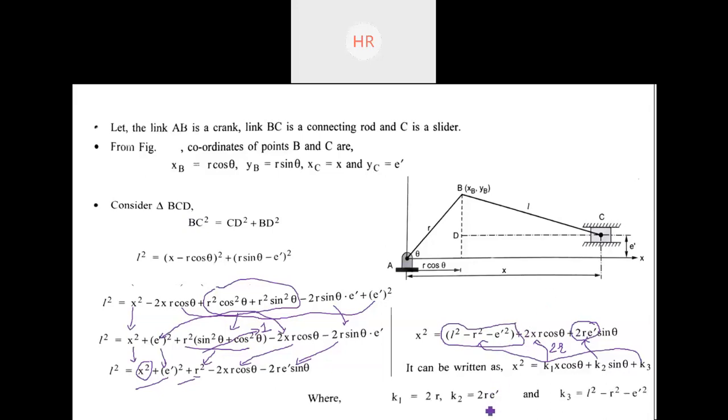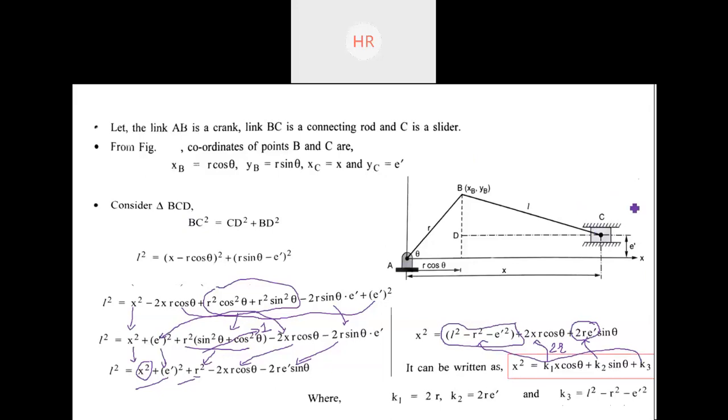So you can write k1 is equal to 2r and k2 is equal to 2r e dash, and k3 is equal to L square minus r square minus e dash square. So this equation is known as Freudenstein's equation for slider crank mechanism.